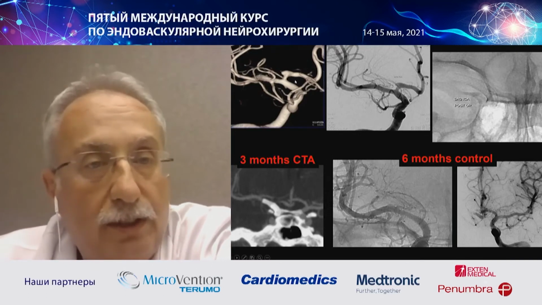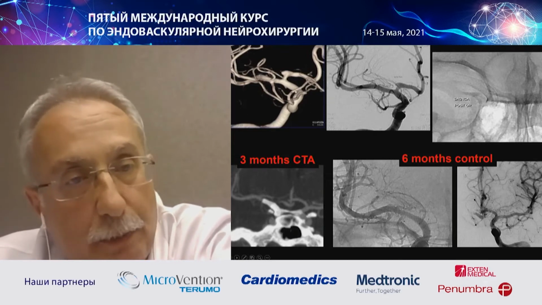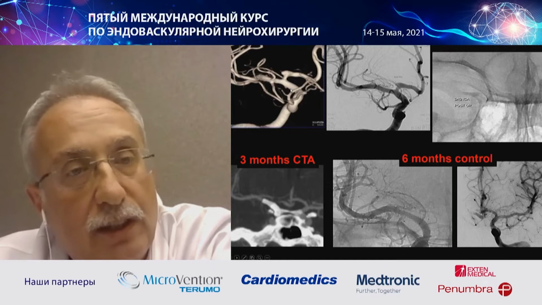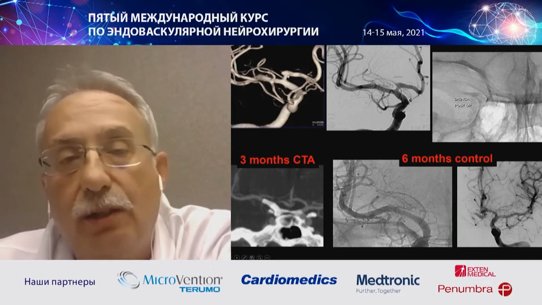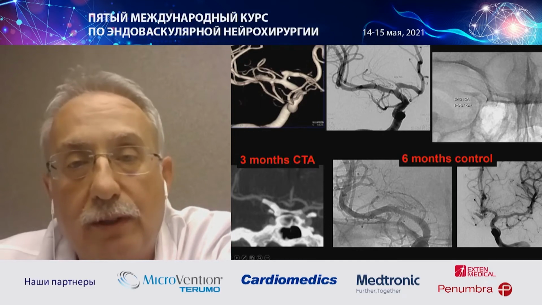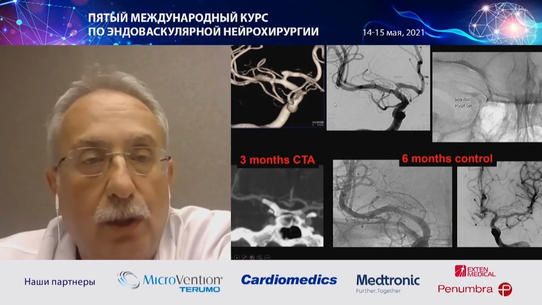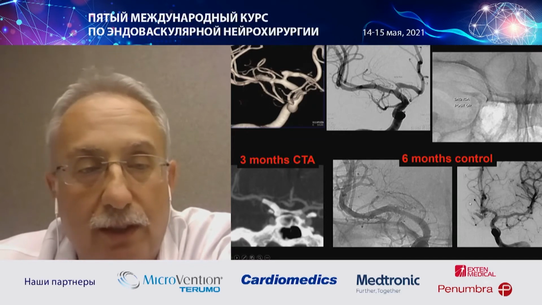So this is the right A1 aneurysm, and this was again ruptured, but not treated in the acute phase. This was treated by just changing the flow at the origin of the anterior cerebral artery, the A1 portion, placing a flow diverter from ICA to M1, and there is no flow demand in this particular artery because it was filling from the other side.